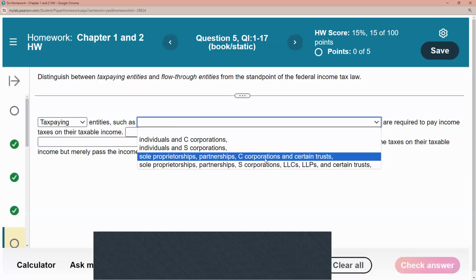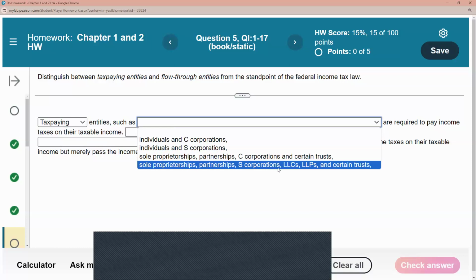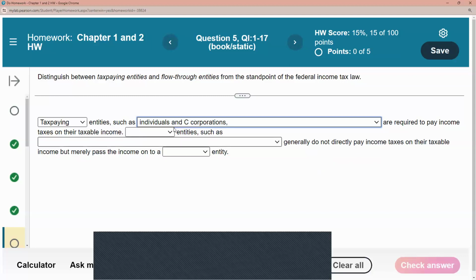This is incorrect because a C corporation is a tax-paying entity. Sole proprietorships, partnerships, S corporations, LLCs, LLPs, and certain trusts. This is incorrect because they are considered flow-through, aka pass-through entities. So the correct answer is individuals and C corporations.